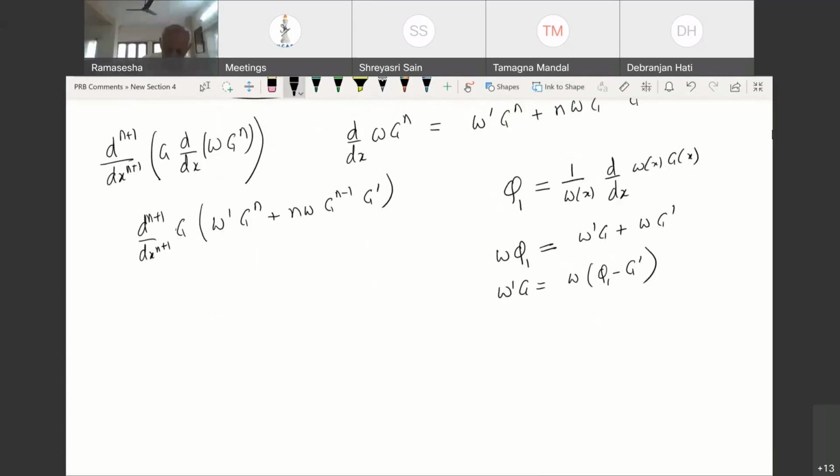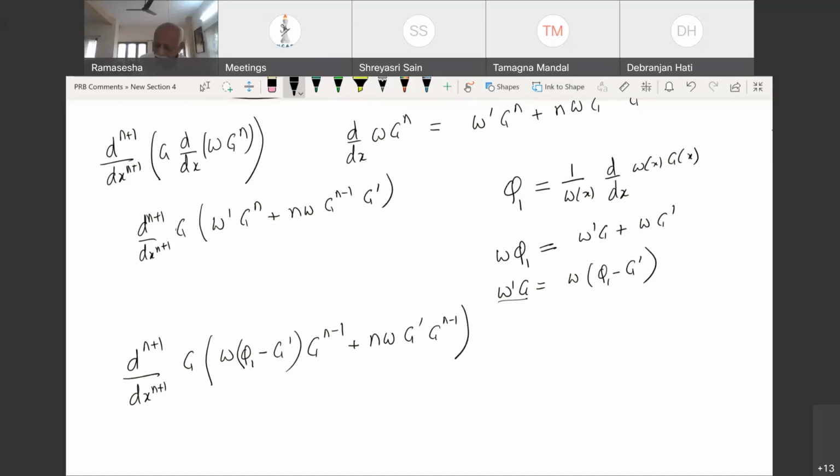Okay, so I can write this as d^(n+1) upon dx^(n+1) of g times W prime g^n. I can write it as W times (P1 minus g prime) times g^(n minus 1), because one of the g's I have taken here, g W prime is what I'm replacing by. So this power now becomes n minus 1. Okay, plus n W g prime g^(n minus 1).